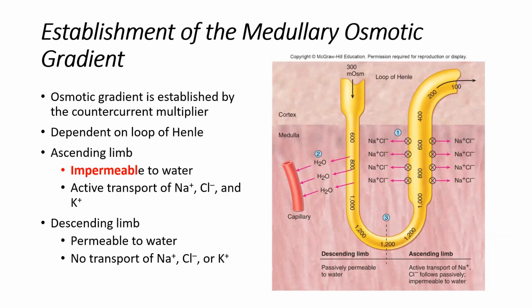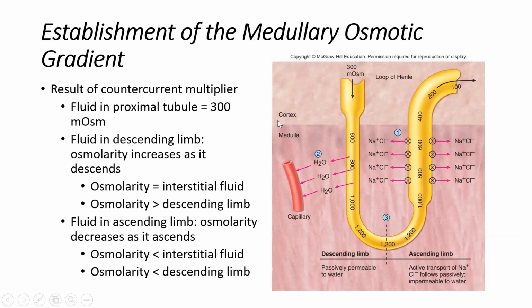And all it really means is that we have water moving across the descending limb and solute moving across the ascending limb. That's all that countercurrent multiplier means. So the descending limb is only permeable to water and not permeable to solutes, the ascending limb is only permeable to solutes and not permeable to water. And having that countercurrent, right, that bidirectional movement is what helps us set up that medullary osmotic gradient, okay?